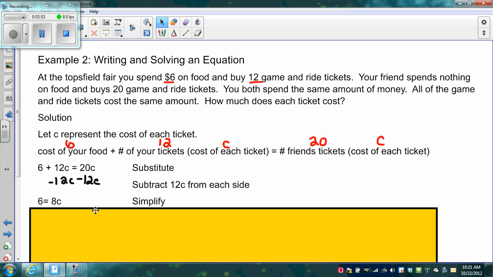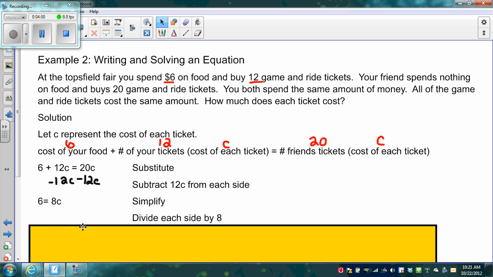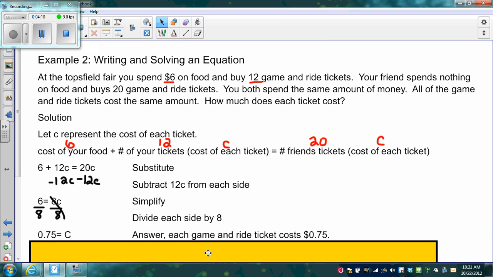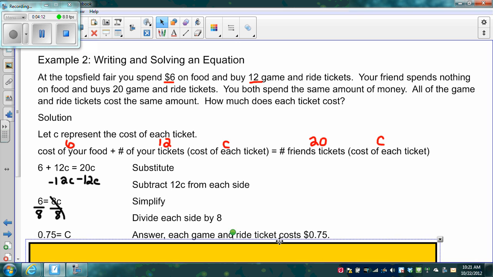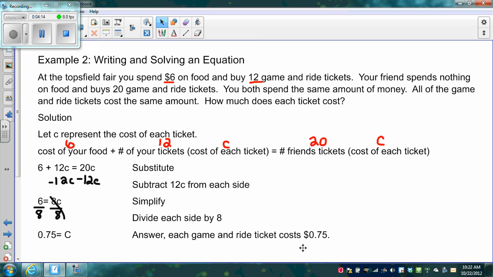We can simplify it here because 20 minus 12 is 8. Then we want to divide each side by 8 to get c alone. So here they cancel, and c is equal to 0.75, and our answer is that each ride ticket would cost 75 cents.